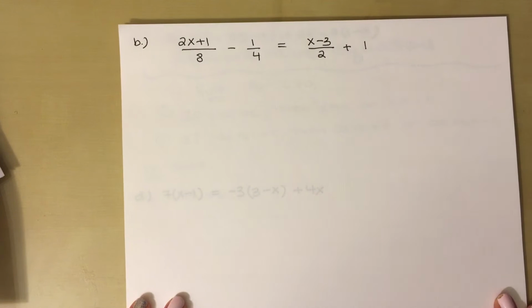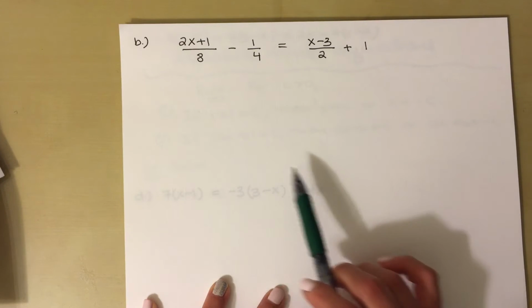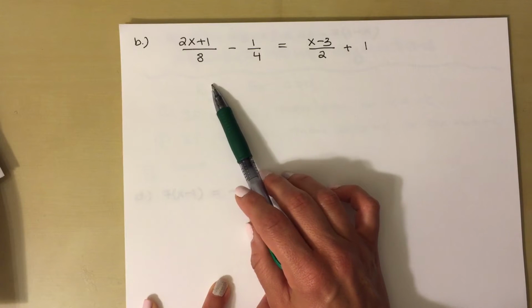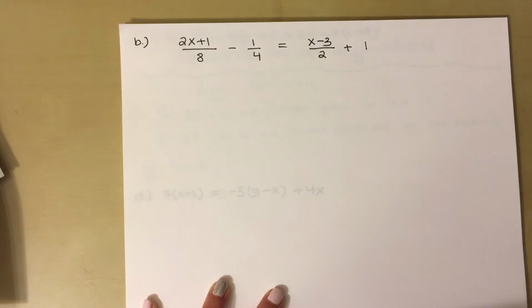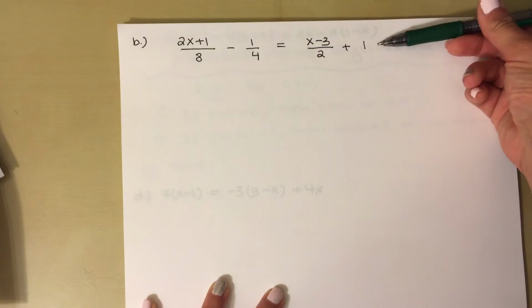Here we have an equation with more than one fraction, and to eliminate our fractions, we have to find the common denominator. The common denominator is going to be 8. So we need to multiply every single part of the equation by 8, including 1.